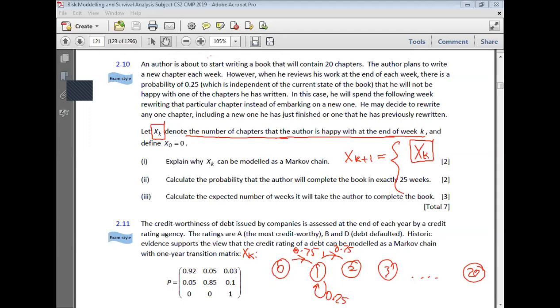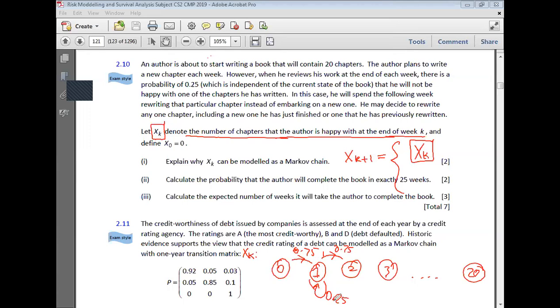And again, he can only review and rewrite one chapter within a week. So let's say he's happy with one chapter, but in this particular week he's not happy with the chapter that he has written, so he will rewrite that chapter again. So he'll only have one chapter at the end of the second week as well, and the probability that he'll not be happy and he'll rewrite is 0.25.